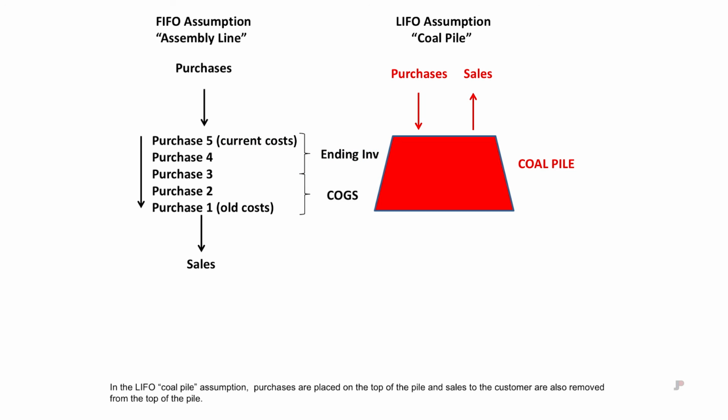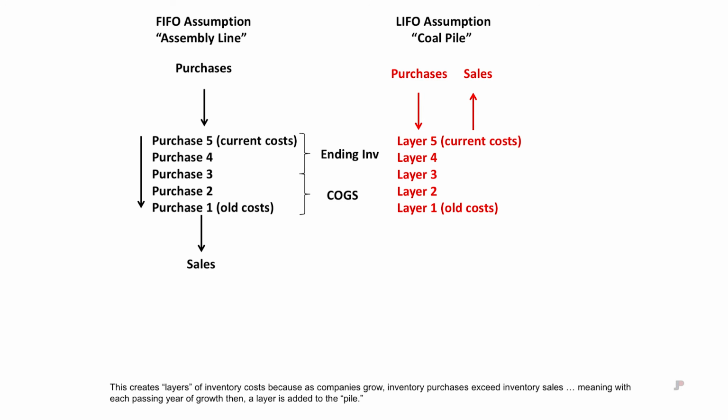In the LIFO coal pile assumption, purchases are placed on the top of the pile, and sales to the customer are also removed from the top of the pile. This creates layers of inventory costs because as companies grow, inventory purchases exceed inventory sales, meaning with each passing year of growth, a layer is added on to the pile.